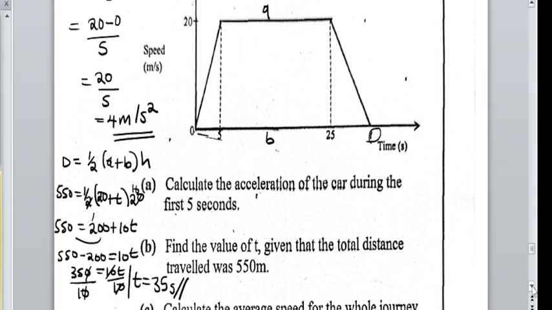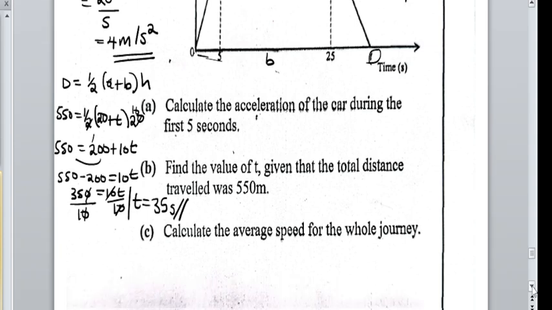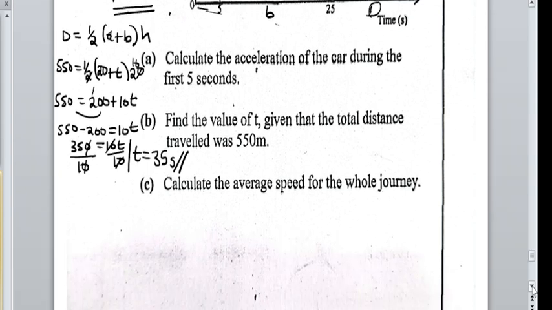So now that the value of t has been found, calculate the average speed for the whole journey. How can we find the average speed now? This is also the easiest part after you found everything. Speed is given by distance over time. So average speed is equal to the total distance they had given us as 550 meters. Then the total time we found, 35 seconds.